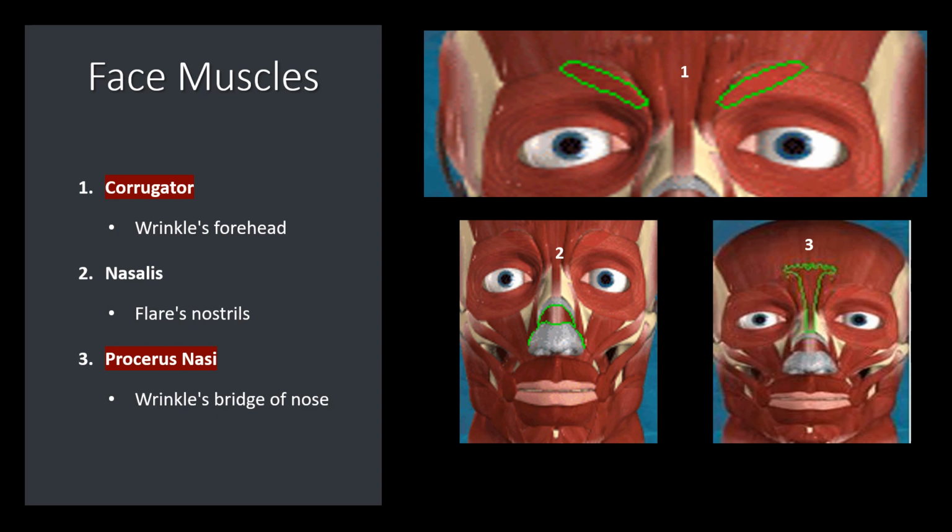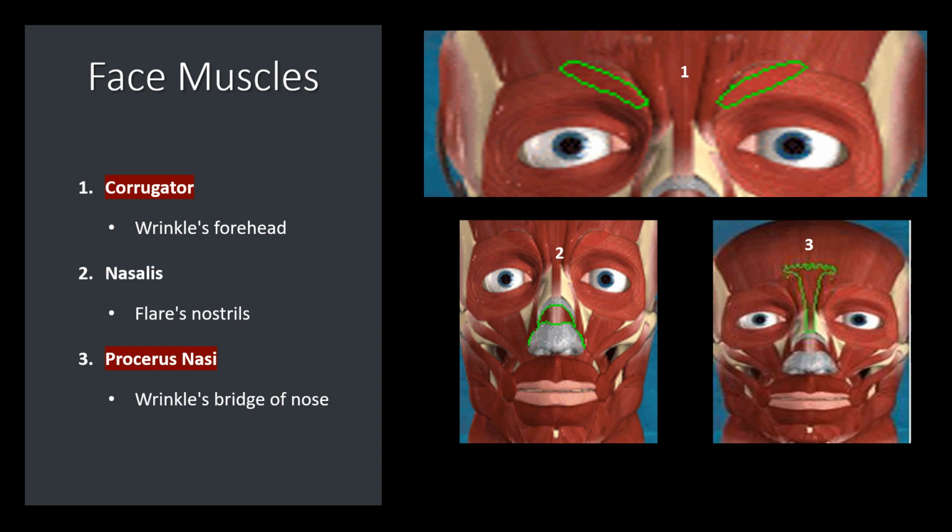Now repeat after me, corrugator. Now if you know about corrugated iron, it is sort of creased and wrinkled. So the corrugator is found just by the eyebrows and it wrinkles the forehead. So that's your corrugator.